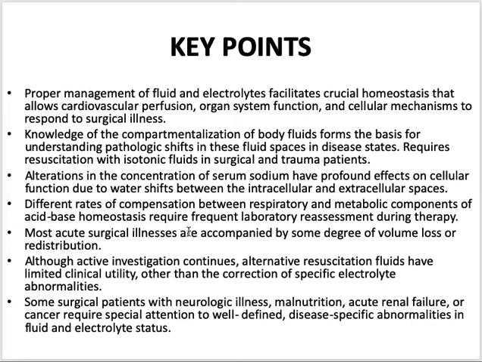Whenever this is the case, we provide some IV fluids. Of course, when we are choosing IV fluids, we should not be disturbing the concentration as well as the composition of that compartment.